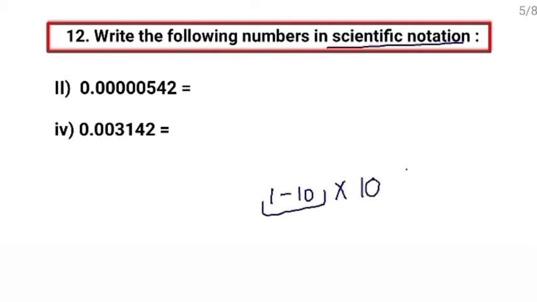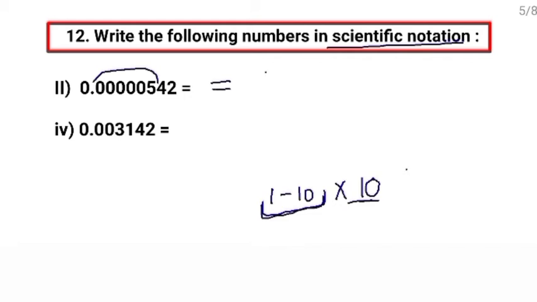This is the scientific notation. We write the number as a product of a number between 1 to 10 and integral power of 10. Clear? So to write it into the scientific notation, we will move this decimal here so that this number becomes between 1 and 10. Clear?